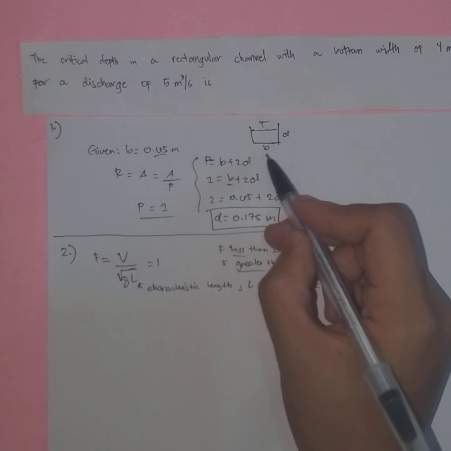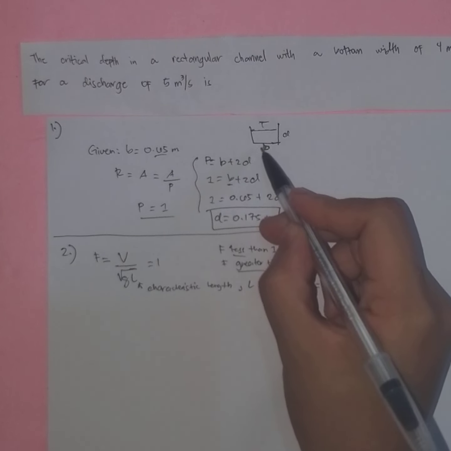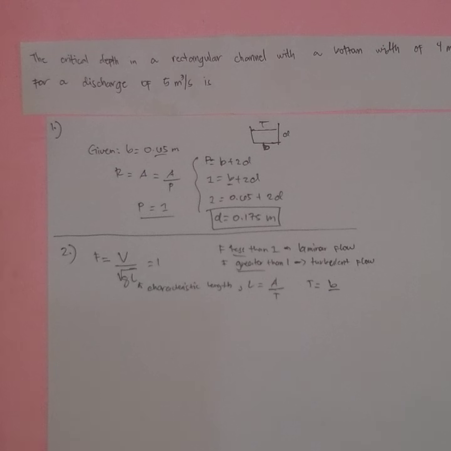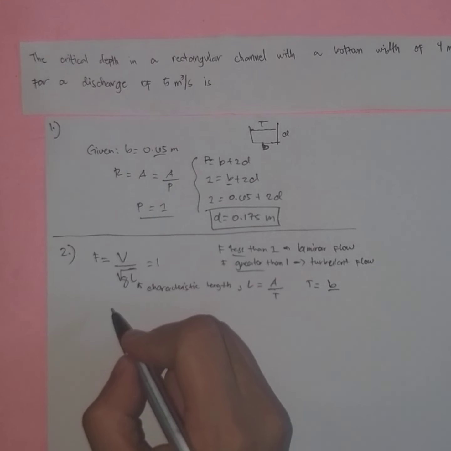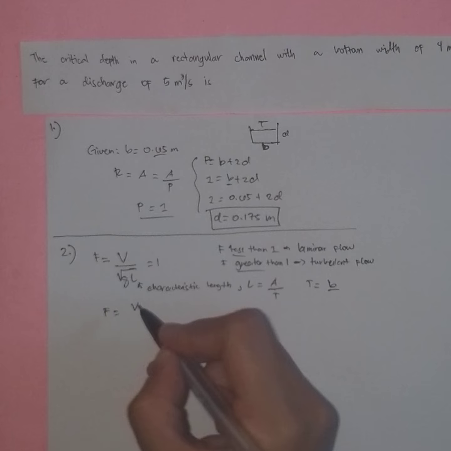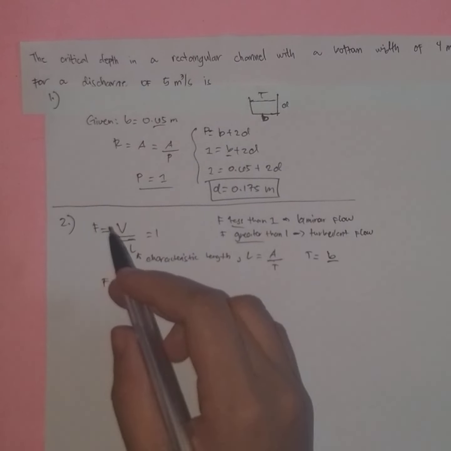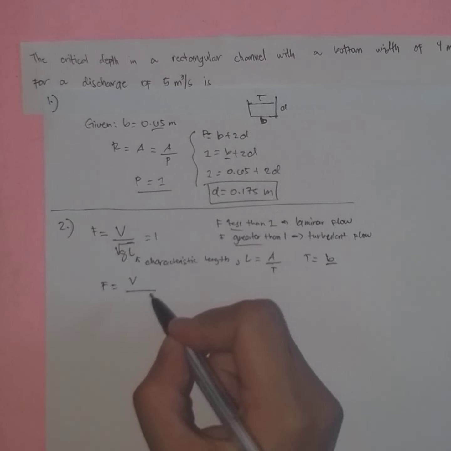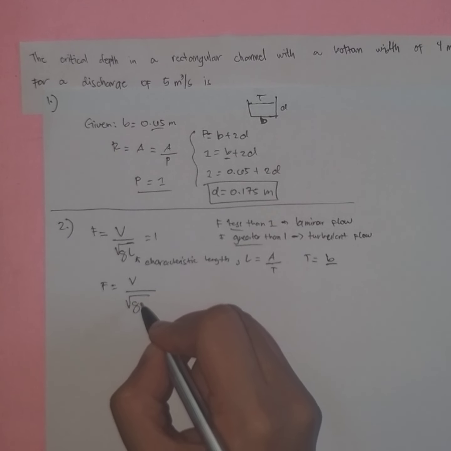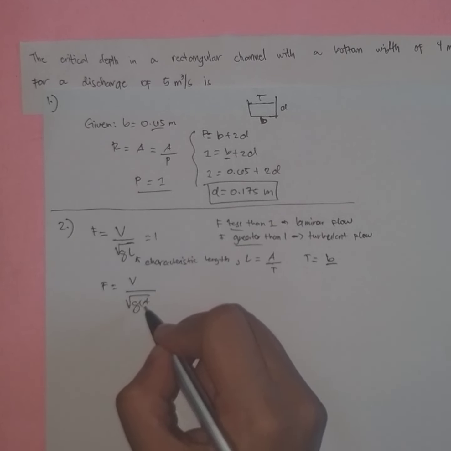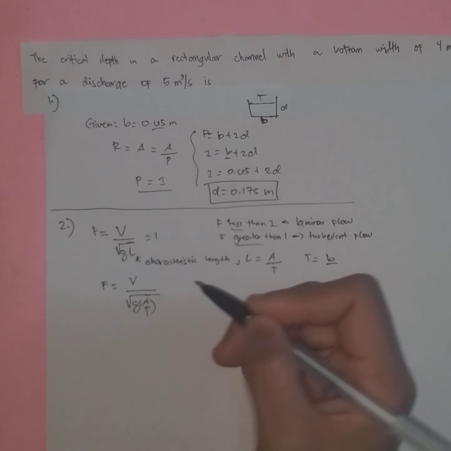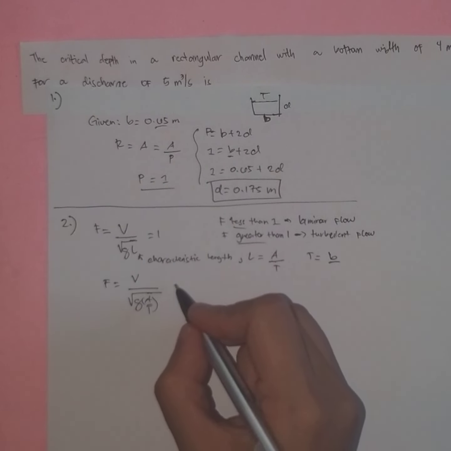This one here is just equal to this variable B. So, okay, that is V over square root of g A over T equals 1.